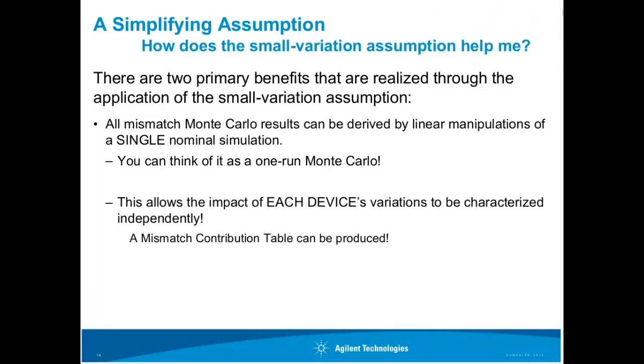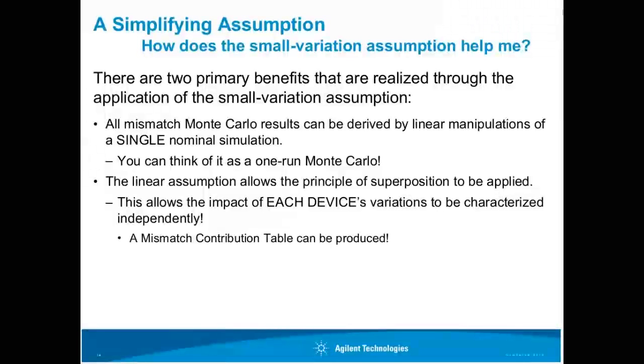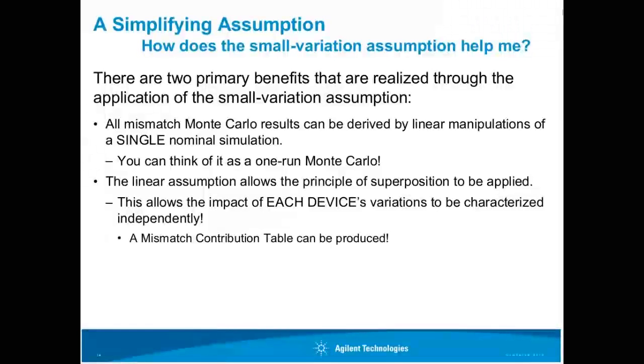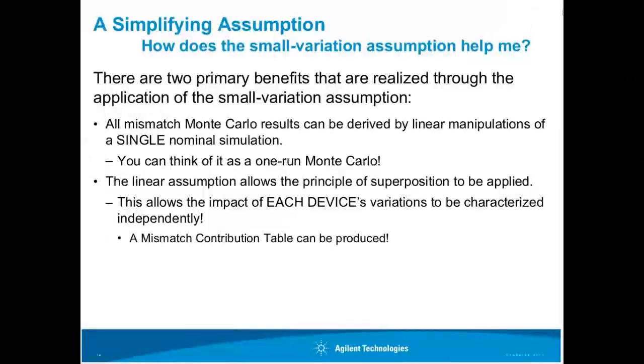Now, the other big benefit of using the small variation assumption is that you can now apply the principle of superposition. By using the assumption that the characteristics between your device parameters and your figures of merit are linear, you can now say, I don't need to turn on all of my variations simultaneously. I can do them one at a time and sum up the result. That's the principle of superposition.